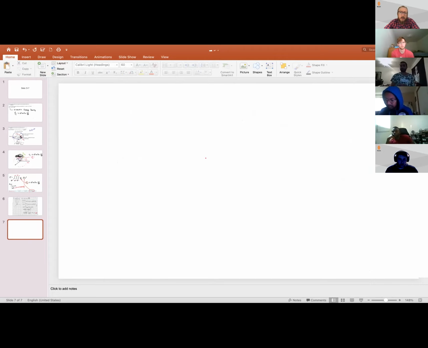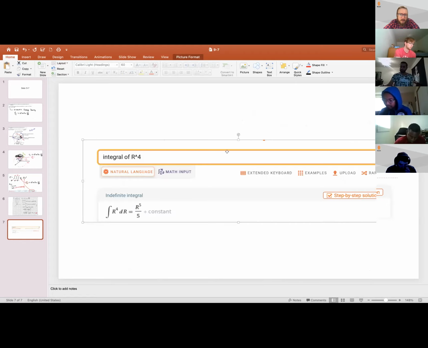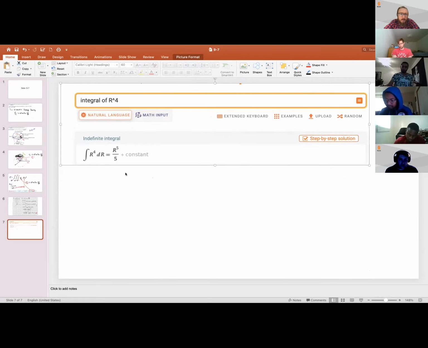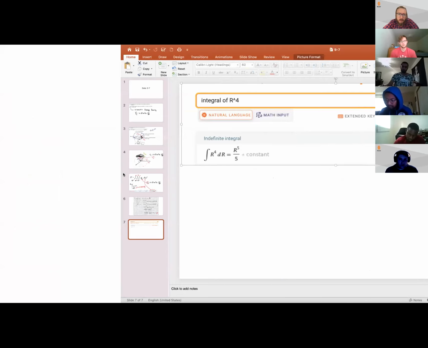So don't forget, if you're getting stuck or you have a hard integral on the homework problem, you can always go to Wolfram Alpha. Just type in integral r to the fourth, and that would give you the first part of the answer.